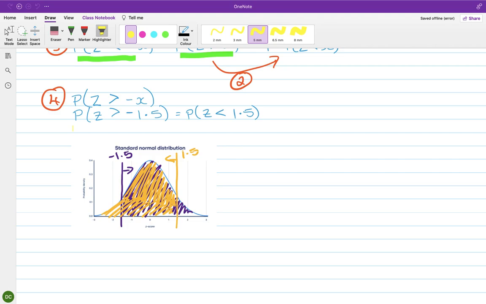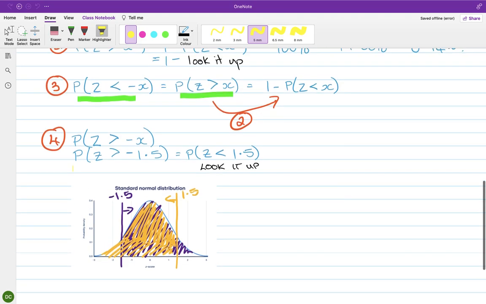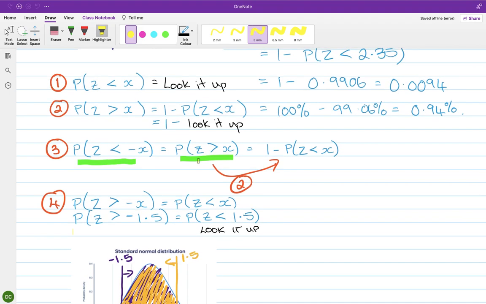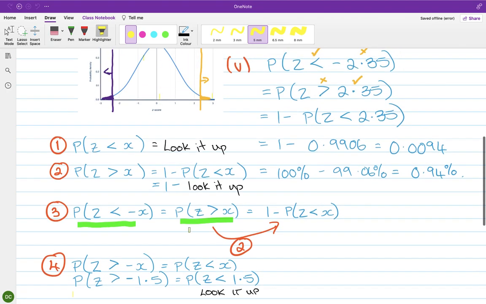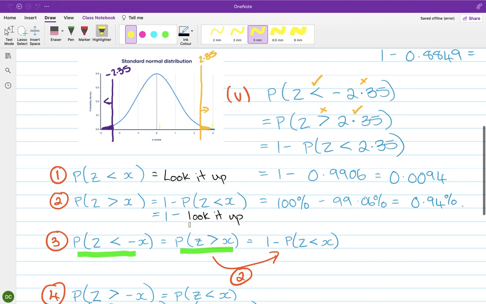And that you can look up. So if you're asked for greater than a negative number, it's the same as z being less than the positive version of that number. And that's symmetry. Same as number 3. All right.